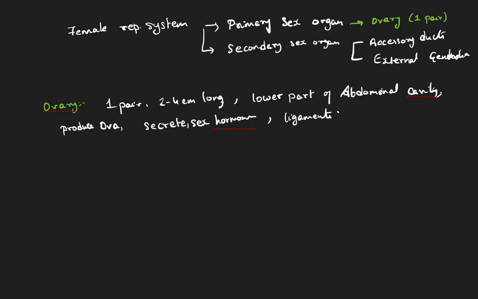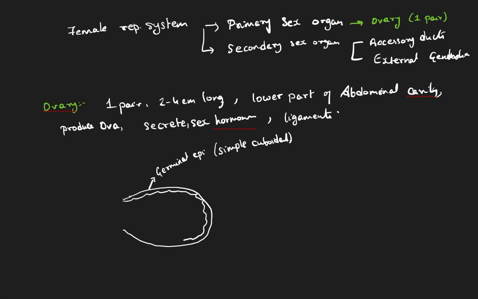So here if you talk about the structure, it looks something like this. This is germinal epithelium, which is made up of simple cuboidal epithelium.